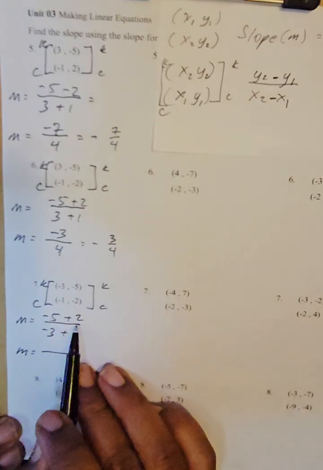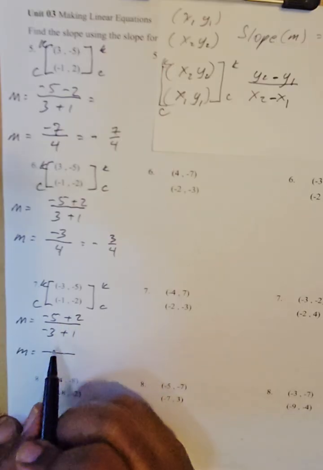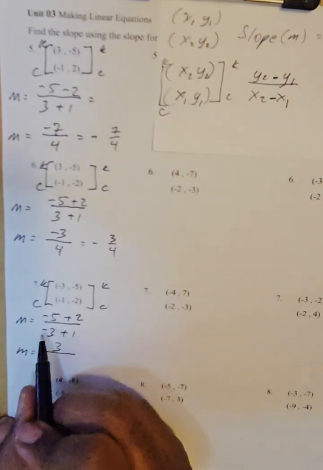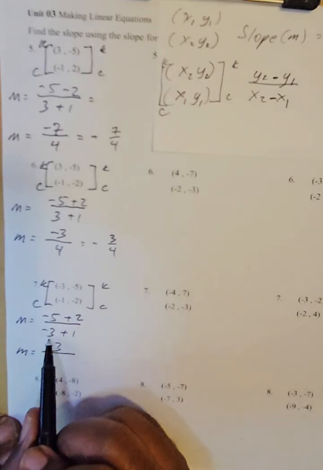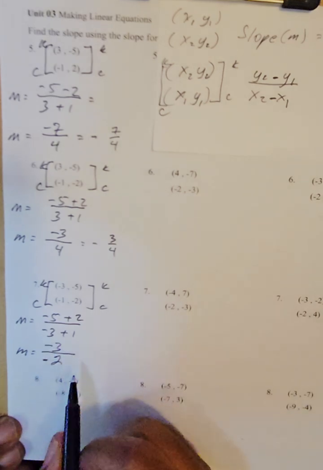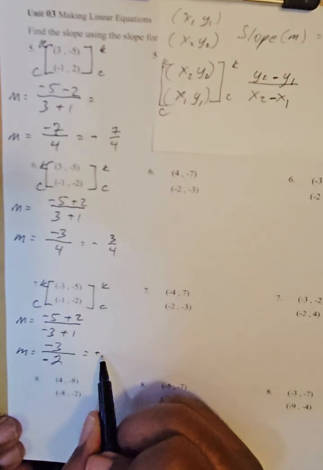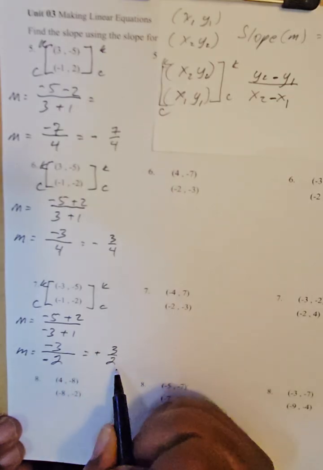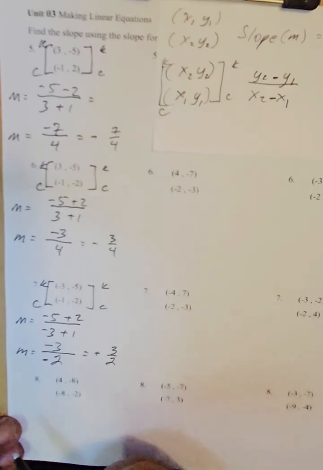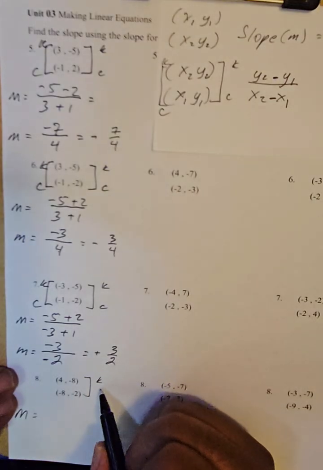Now, when I simplify the numerator, different signs are going to subtract. So it'll be 3, and bigger sign wins, -3. Here, different signs are going to subtract. So we'll get 2, bigger sign wins, so that'll be -2. Then we're going to simplify. Negative divided by negative gives us a +3/2.